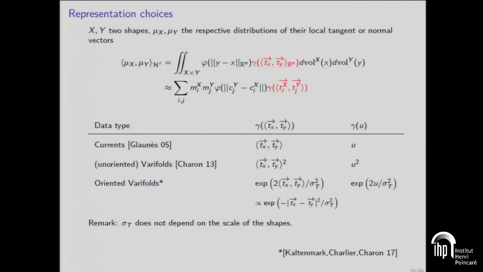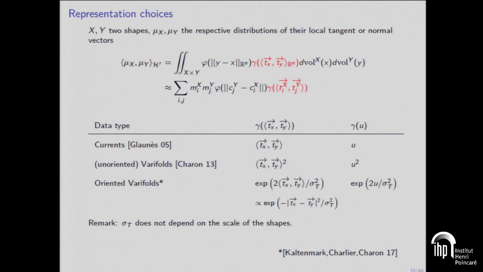And now the choice of the function gamma will define the representation type of your data. So if you consider gamma equal to the identity, you retrieve the current representation where you just consider the scalar product between the tangent vectors.